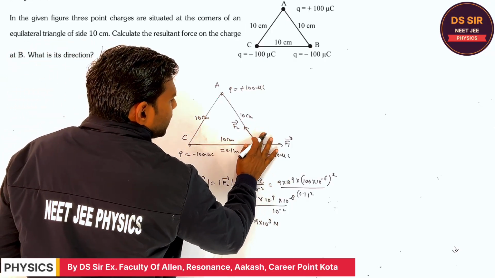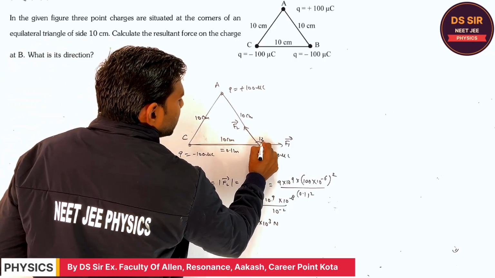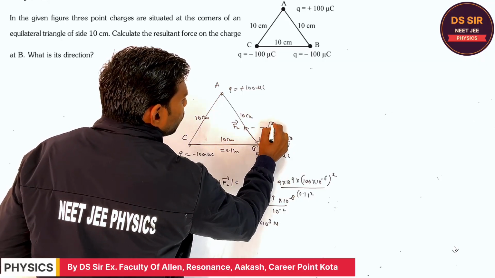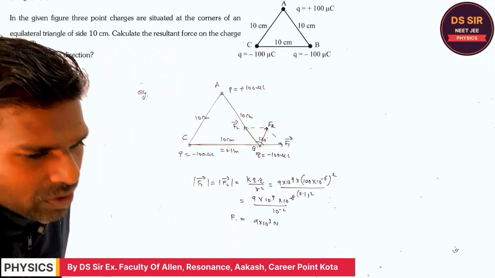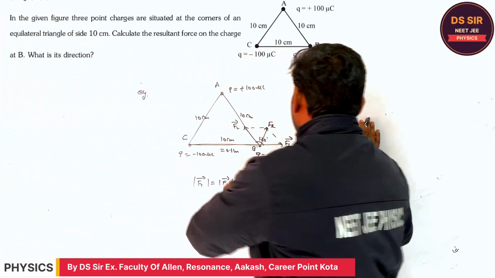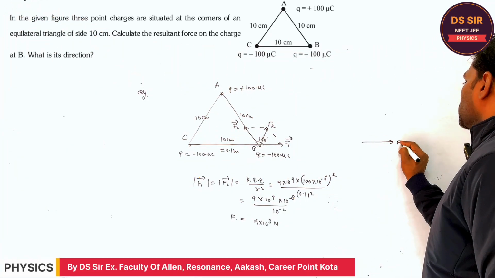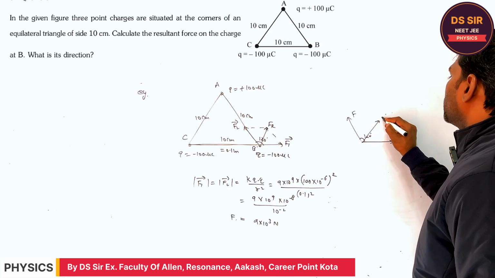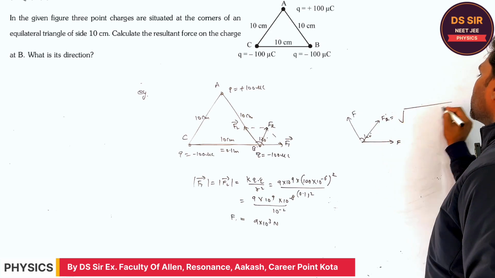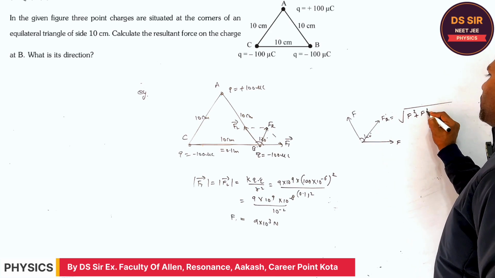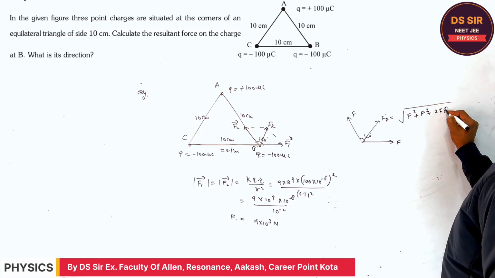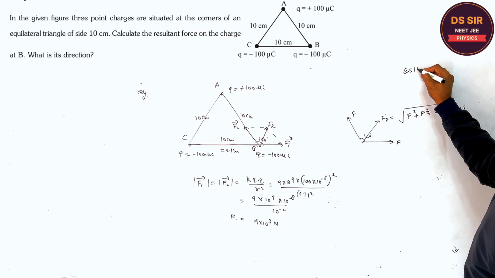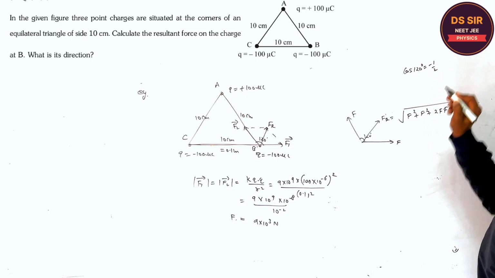This is the point of charge B. This angle is 120, and the resultant of these two forces will be FR. Is it clear or not? Yes. If this is one force, the magnitude is also F, at 120 degree. The resultant force will be written as root of A square plus B square plus 2AB into cos 120. Always remember the value of cos 120 is equal to minus 1 by 2.